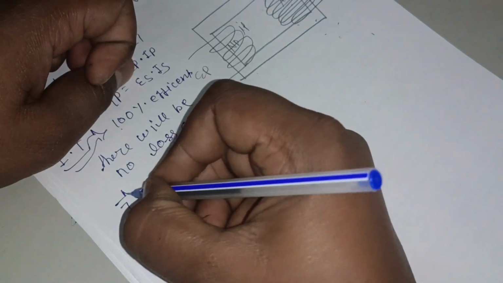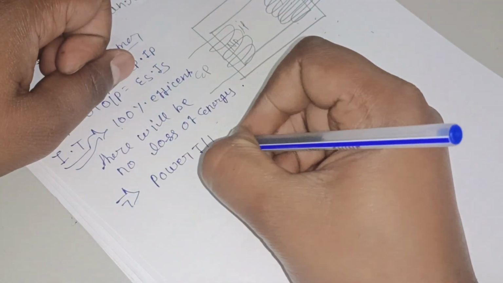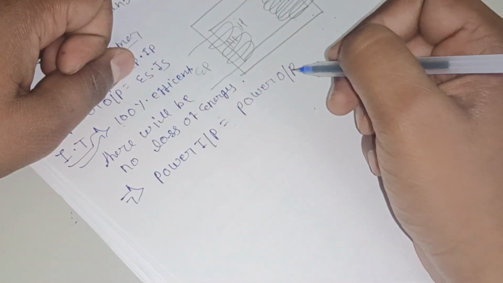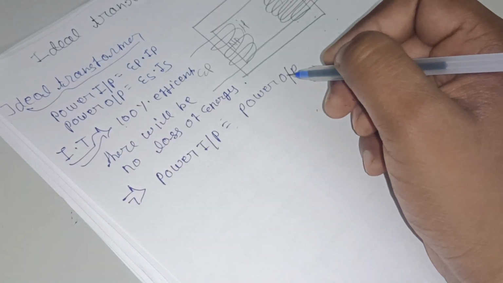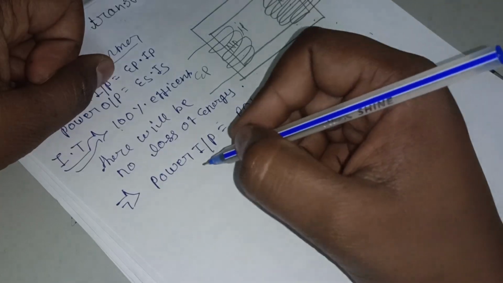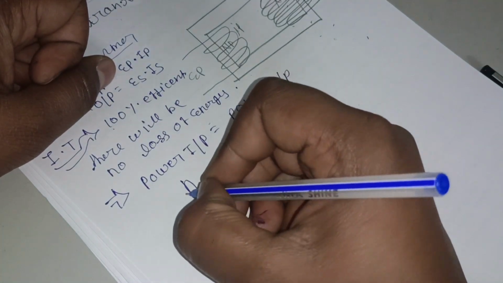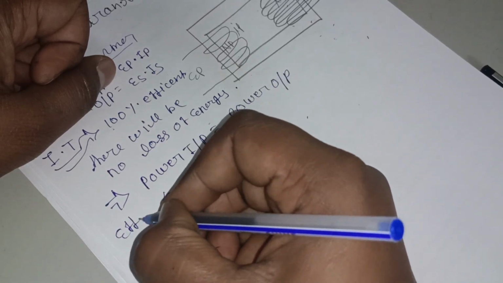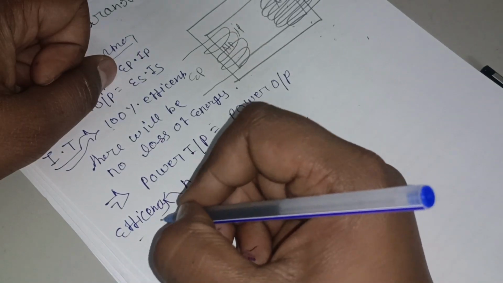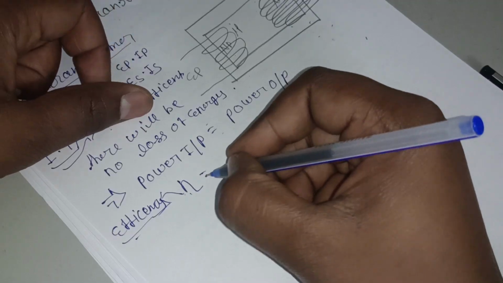Means if there is no loss of energy, power input will be equal to power output, right? Power input will be equal to power output if there is no loss. Means eta, which is called the efficiency, a kind of efficiency measure. Efficiency we do not write, this is the symbol of efficiency, just see this.